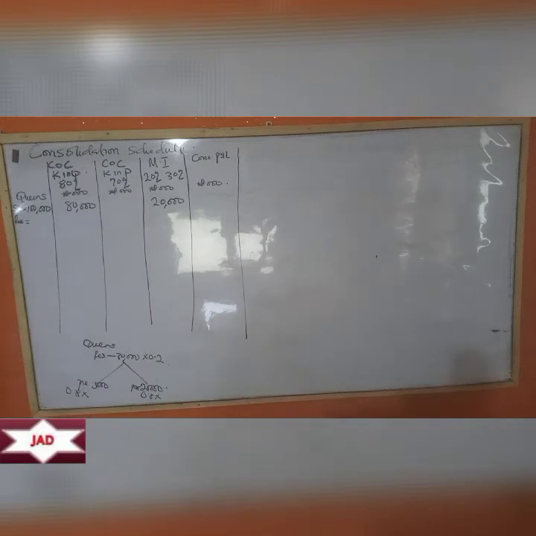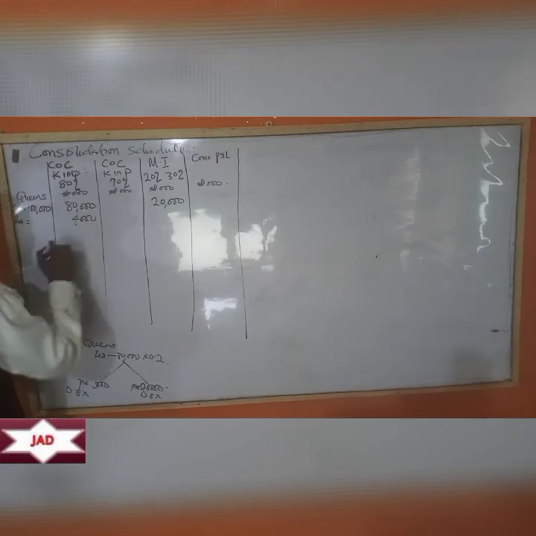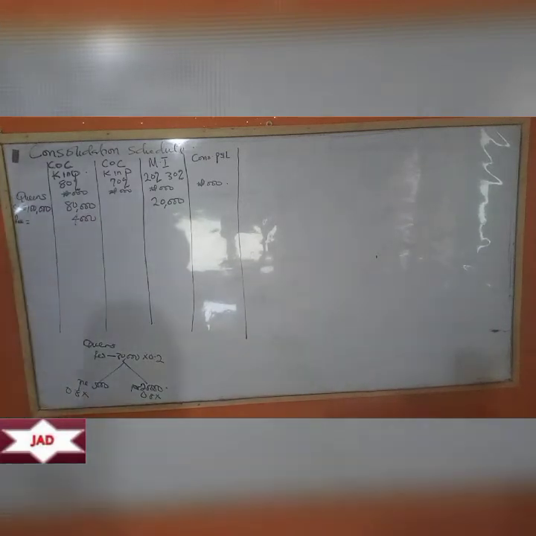So 0.8 times 5,000, you have 4,000. Minority interest, we know 0.2 times 30,000 is 6,000.